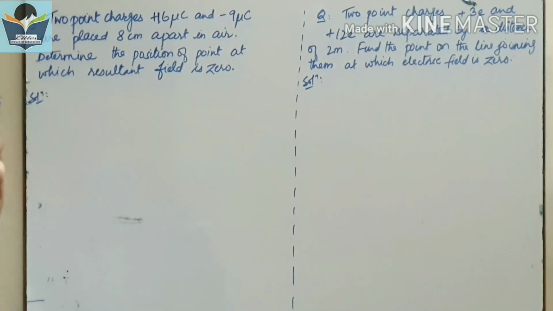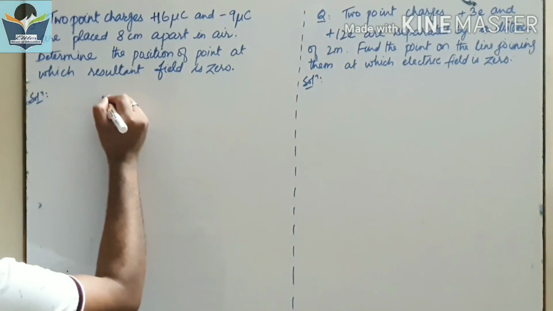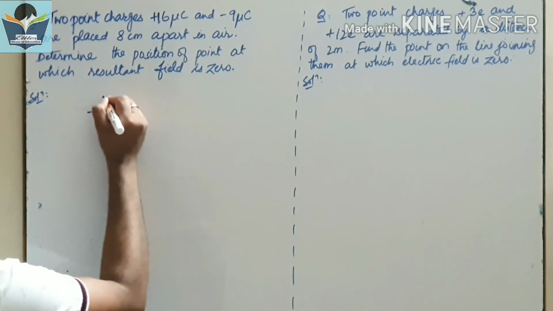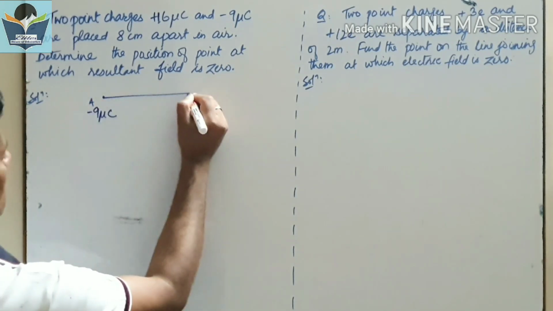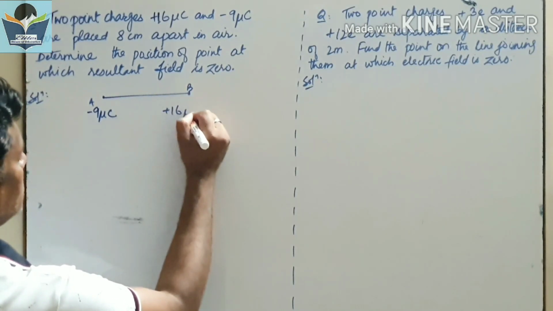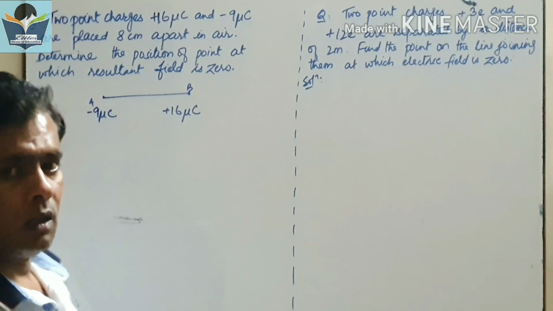Now understand. This is the charge, say minus 9 microcoulomb at point A, and this is point B where the charge is plus 16 microcoulomb.